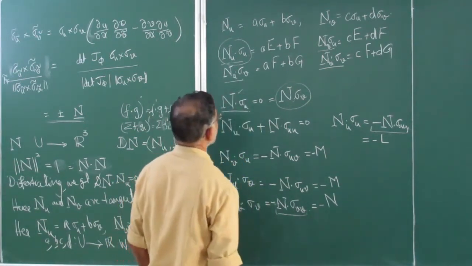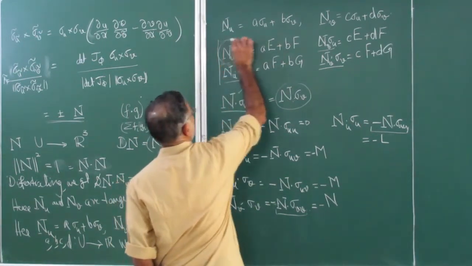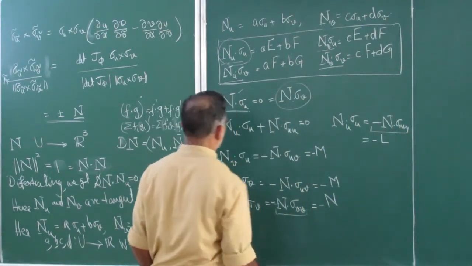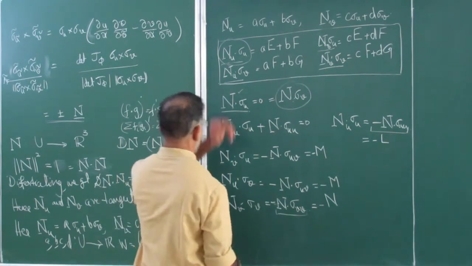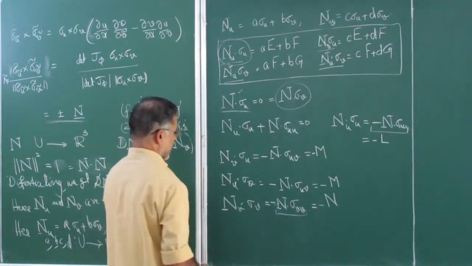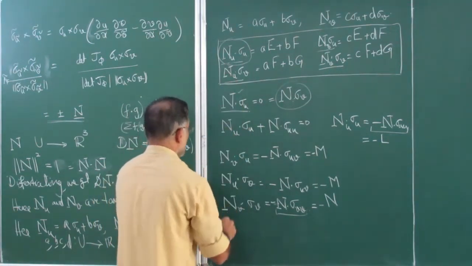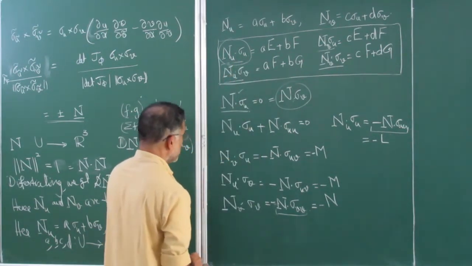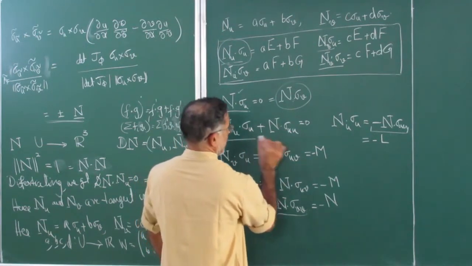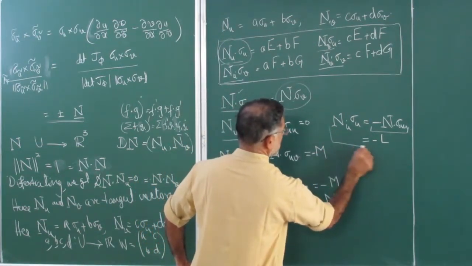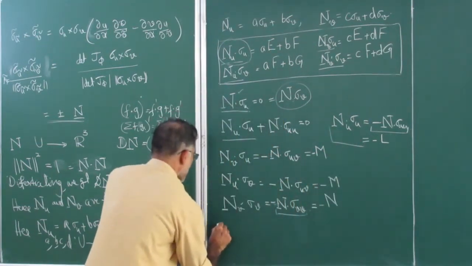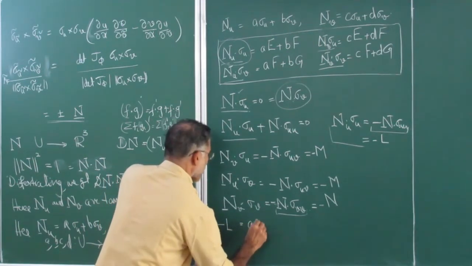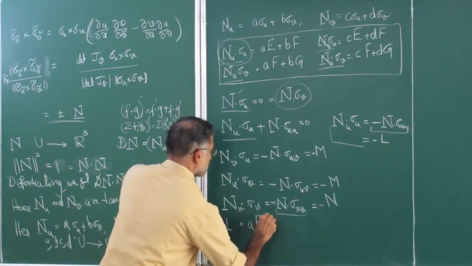Okay, so now let's go back to our original equation set. There are 4 equations here. Right hand side we are familiar with, left hand side we just write this. Now rewrite. What do you get? n_u · σ_u. What is n_u · σ_u? This guy, no? So minus L is equal to AE plus BF.